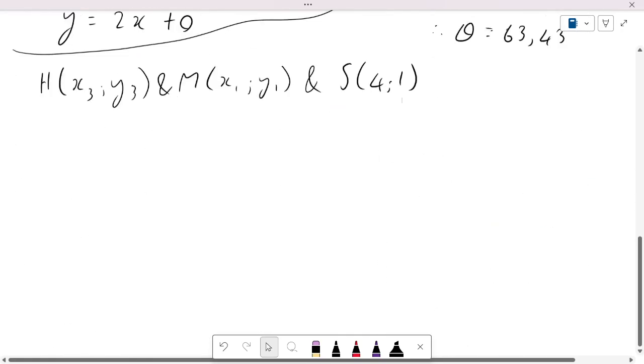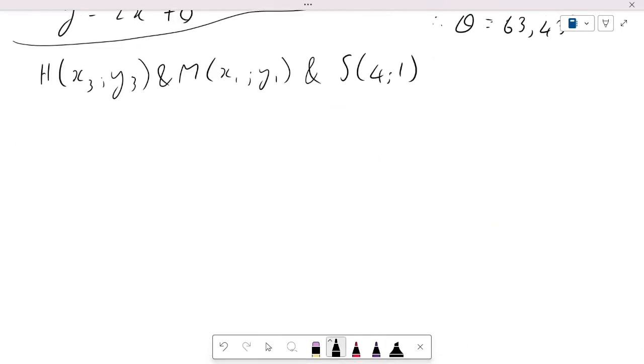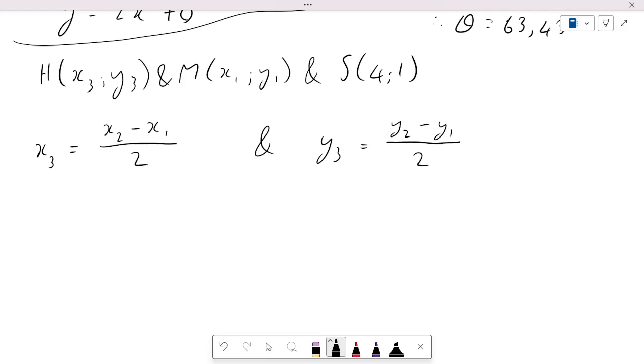Now we have to use the reverse midpoint formula, which says the following. x subscript 3 is equal to x subscript 2 minus x subscript 1, all over 2, and y subscript 3 is equal to y subscript 2 minus y subscript 1, all over 2.